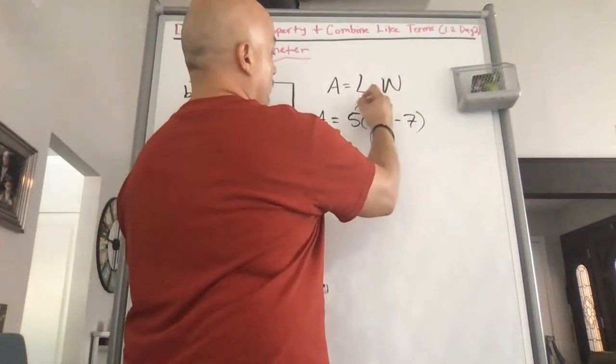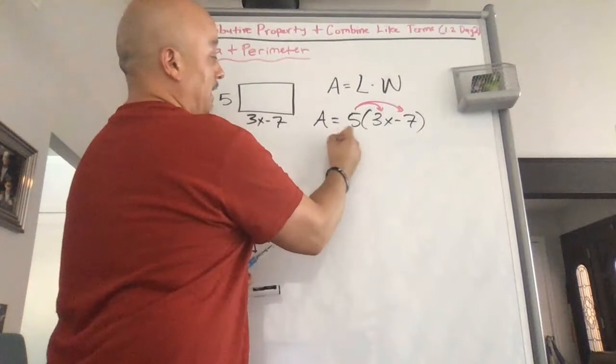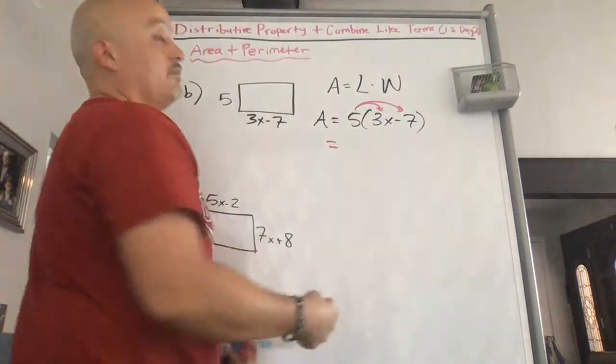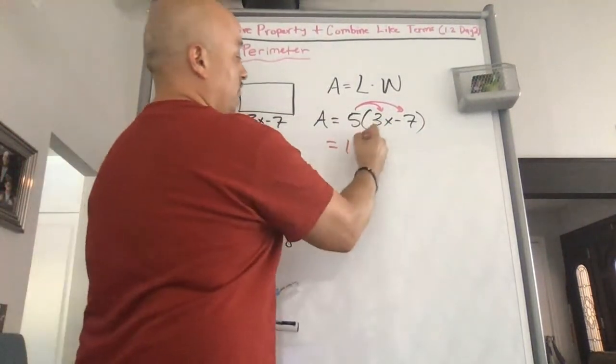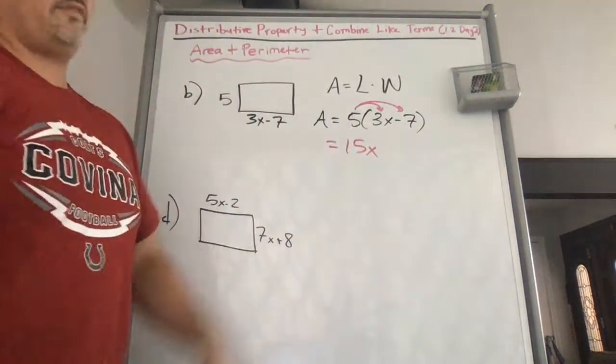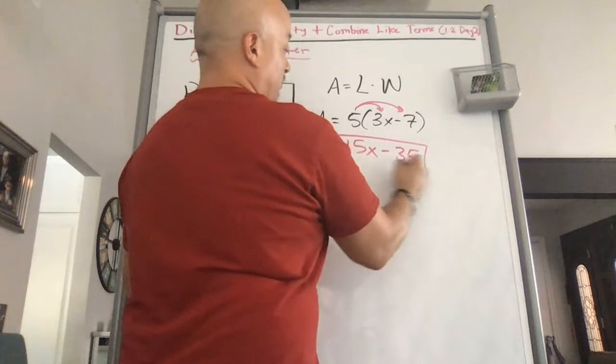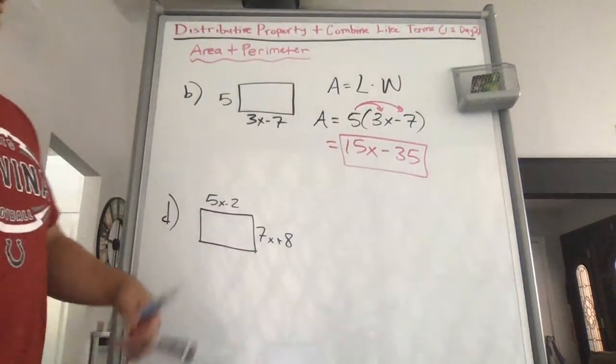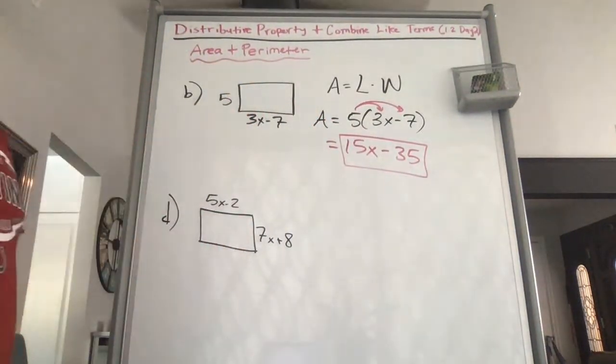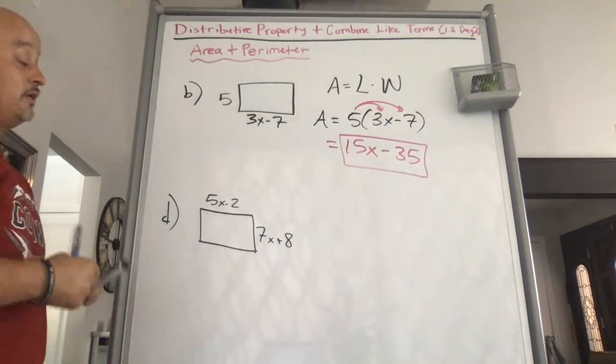So once you know that, if you multiply 5 times 3x minus 7, 5 times 3 is 15, so 15x. 5 times 7 is 35, but it does stay negative because it's a positive 5 times a negative 7. So the area can be represented by doing that, 15x minus 35.